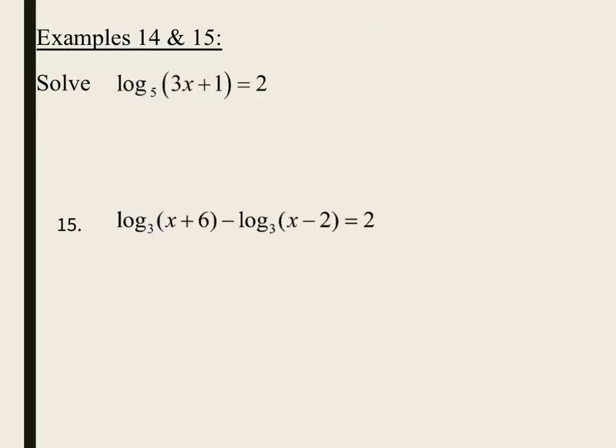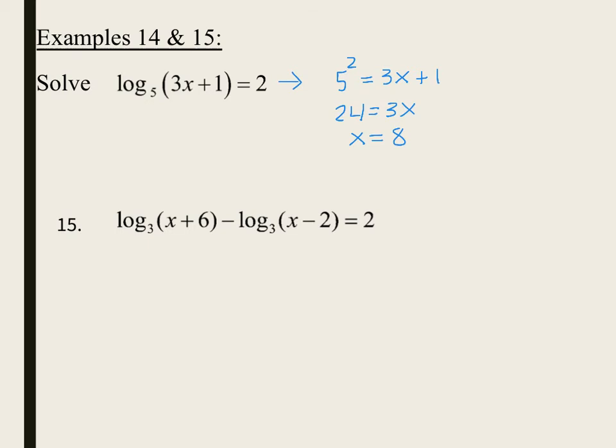So now we can look at the first problem, number 14, and we can immediately see that we can rewrite this in the following way. 5 raised to the second power is equal to 3x plus 1. So we have 25 minus 1, which is 24, is equal to 3x, and x is equal to 8.